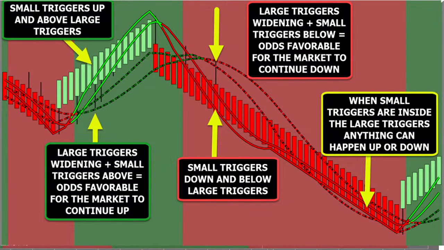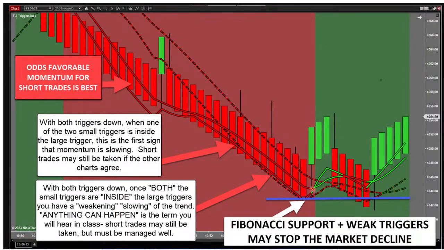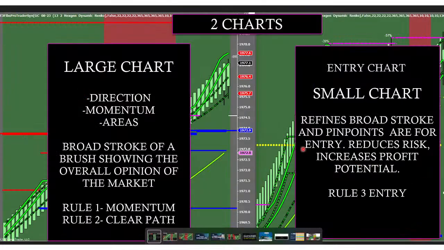Anything can happen is the opposite of good. And this is where areas can reverse. And that is our segue to rule number 2, which will also be met on the large chart. But I want to make sure that you guys are with me. I'm looking at the most current bar right here on the large chart. And the background is green, so I know that the trend is up.